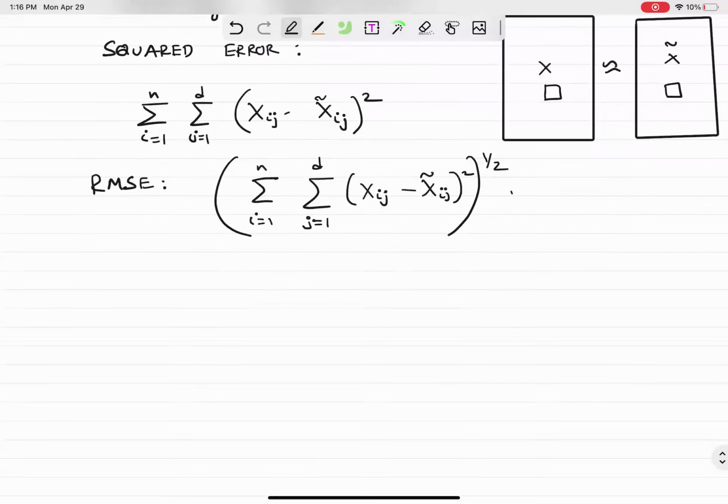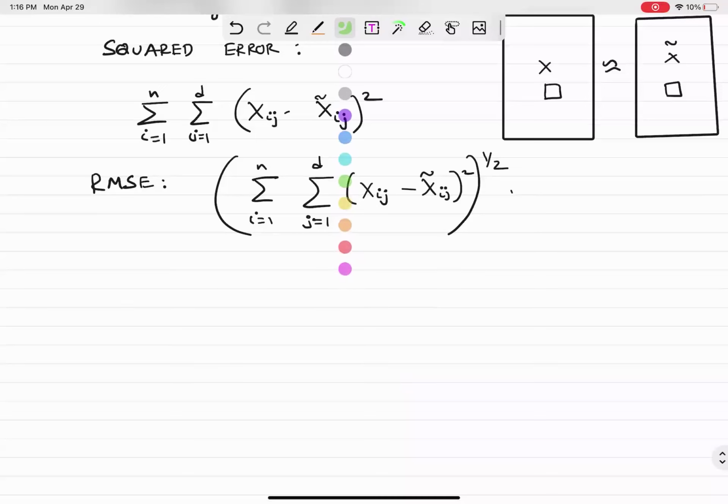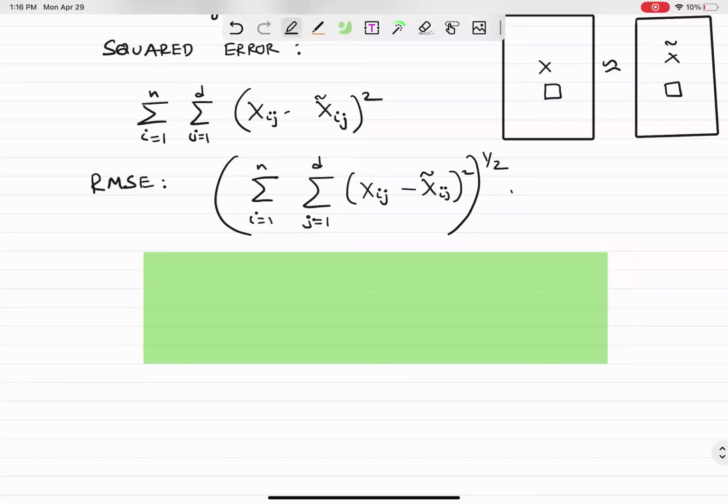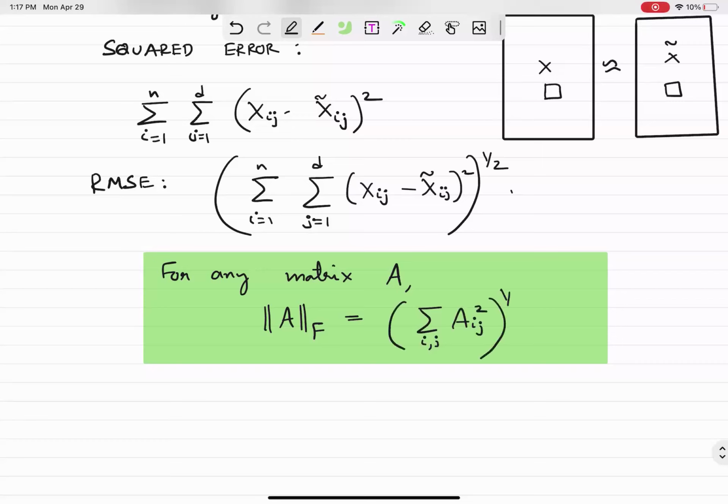All right, and let me introduce some notation. Again, this is classical notation. For any matrix A, you can define what is called the Frobenius norm of the matrix. This is denoted ||A||_F, F is Frobenius, which is just the sum of squares of the entries of the matrix with the square root.